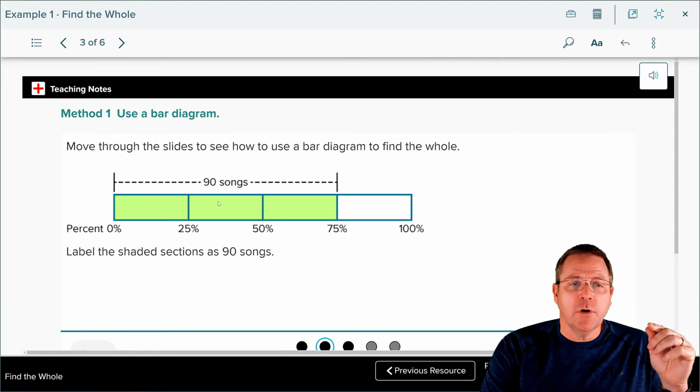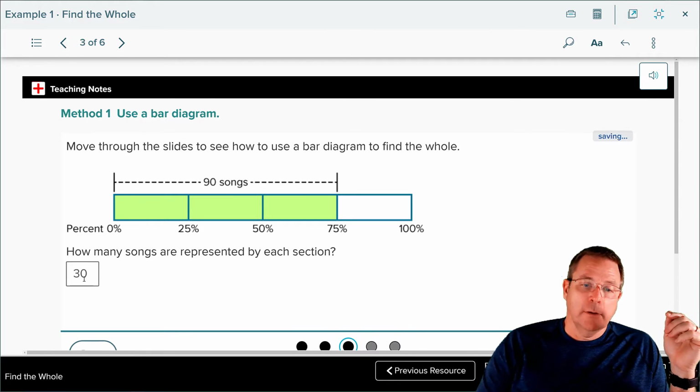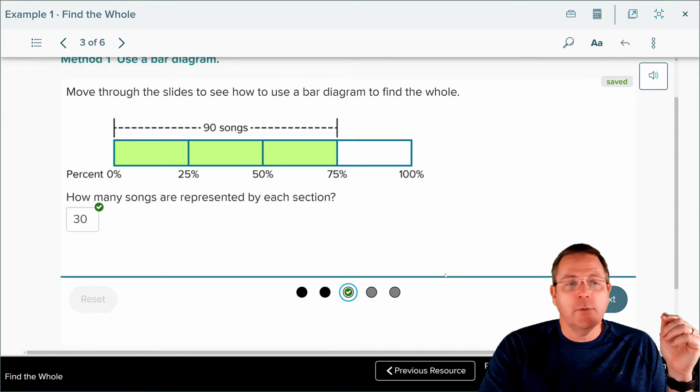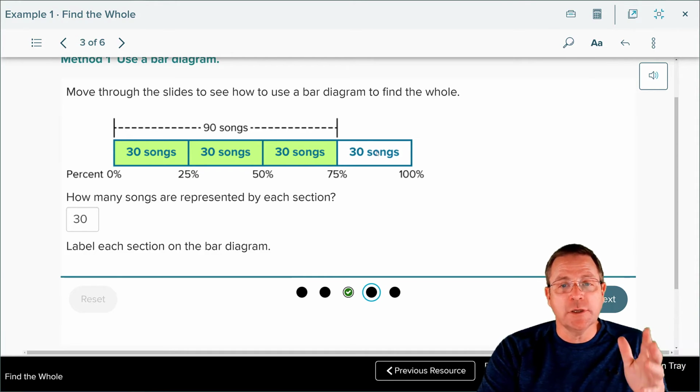So how many songs are going to be in each section of his music library here? Well, that is going to end up being 30. 90 divided by 3 is equal to 30. It checks.